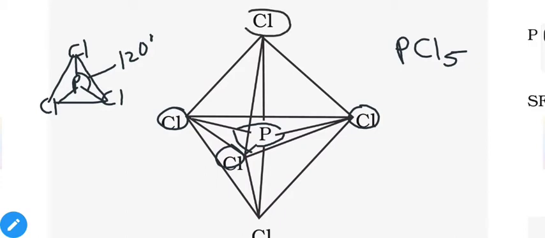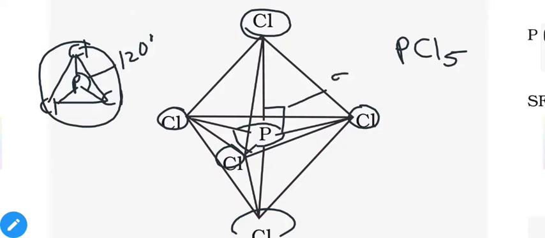Now the top and bottom chlorines are called axial chlorines or axial bonds because they are present on an imaginary axis passing through this triangle, and this axis is perpendicular to the plane of the triangle. Perpendicular means it contains a 90 degree bond angle. So we have a 90 degree bond angle at the top and a 90 degree bond angle at the bottom for this bottom chlorine.